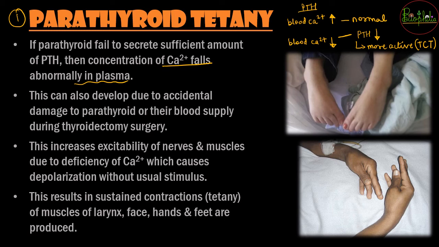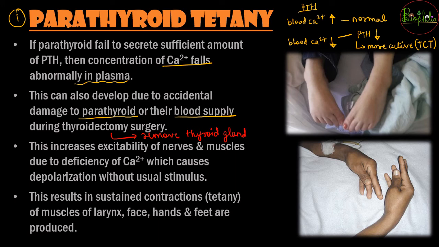Because there might be some accidental damage to the parathyroid gland, or there might be blood supply that is damaged because of thyroidectomy surgery. So thyroidectomy surgery is nothing but removal of thyroid gland. So because of some reasons the thyroid gland निकालना पड़ा.